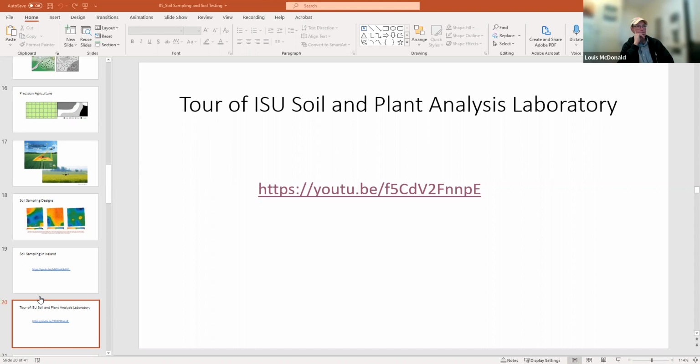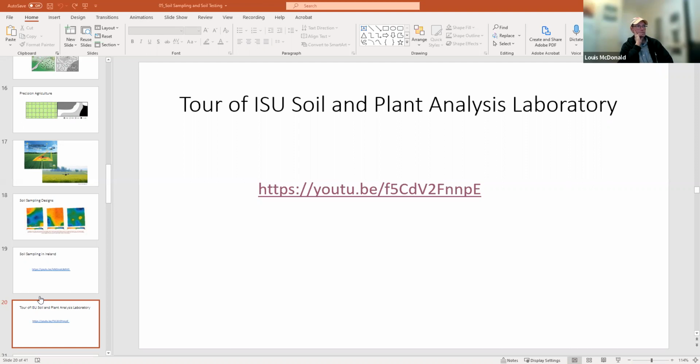Here, the known control sample is being added to the extraction container. It will follow all the steps of the unknowns. If the soil test values of the control sample are not within quality control limits, the unknown samples will be reanalyzed.